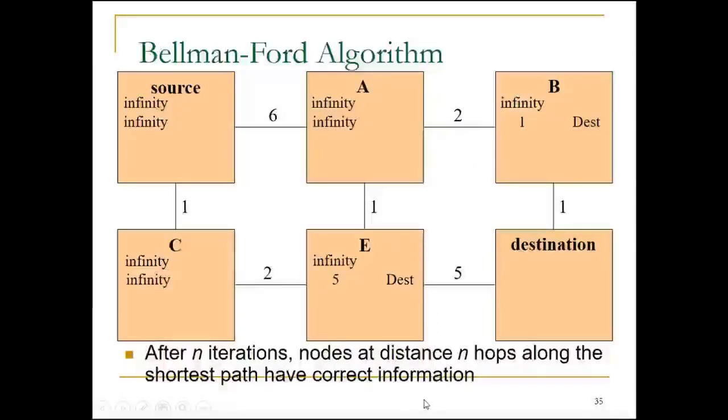So the Bellman-Ford algorithm is one of the most widely used ones, and this is just an illustration of how it goes about it. The more dynamic, much more in-depth illustration is what we just went through with all these nodes.